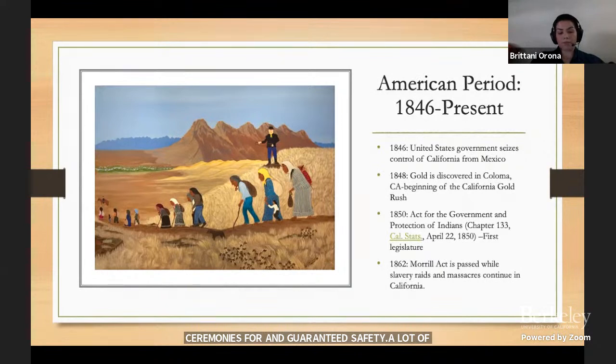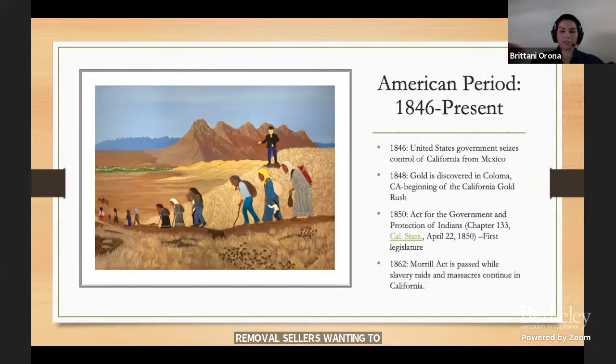So a year after the Morrill Act is signed in 1862, the Nome Cult Walk of the Konkow Maidu people occurs in 1863, where they are removed from their homelands near Chico, California, and placed in Covelo, California, now the Round Valley Reservation. And this was for the express removal of settlers wanting to use their lands for ranching and farming.